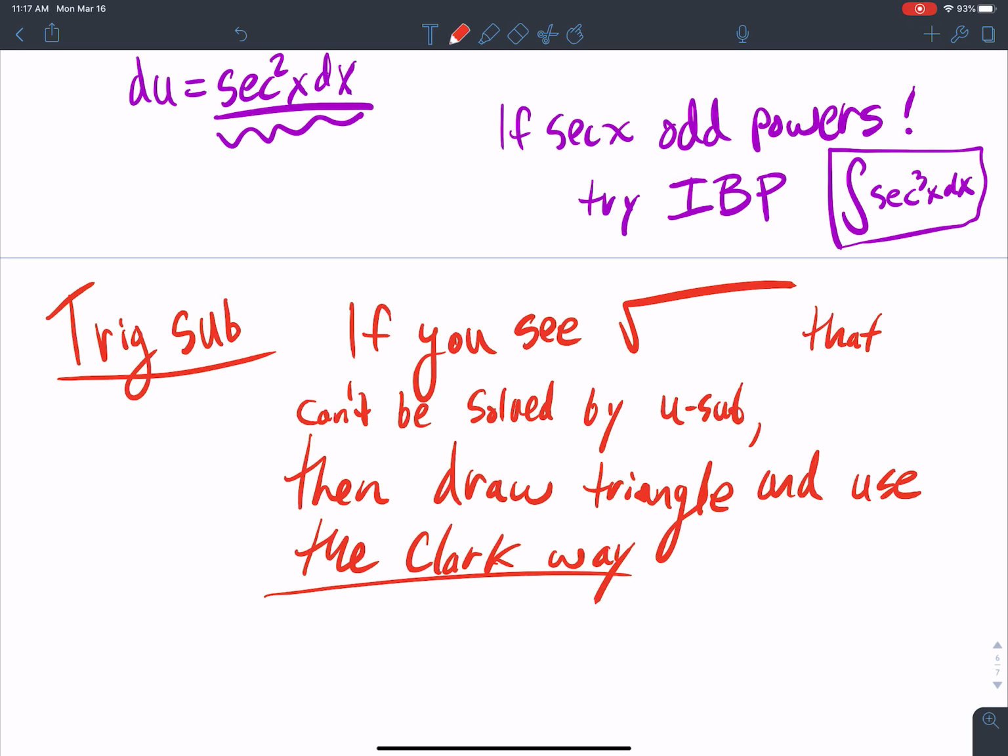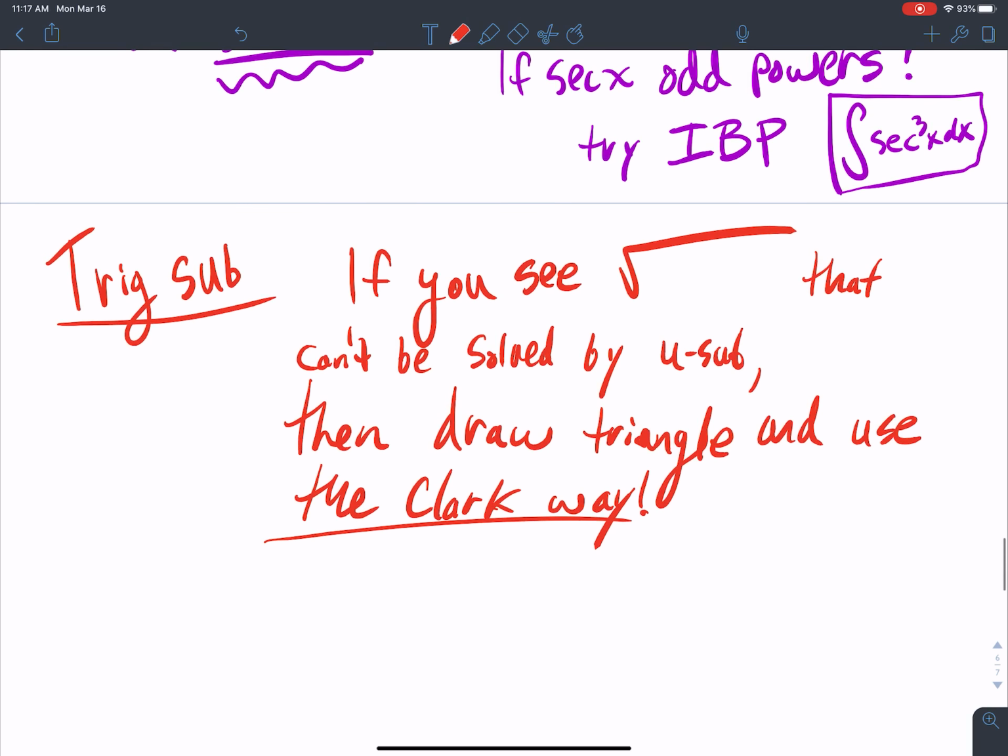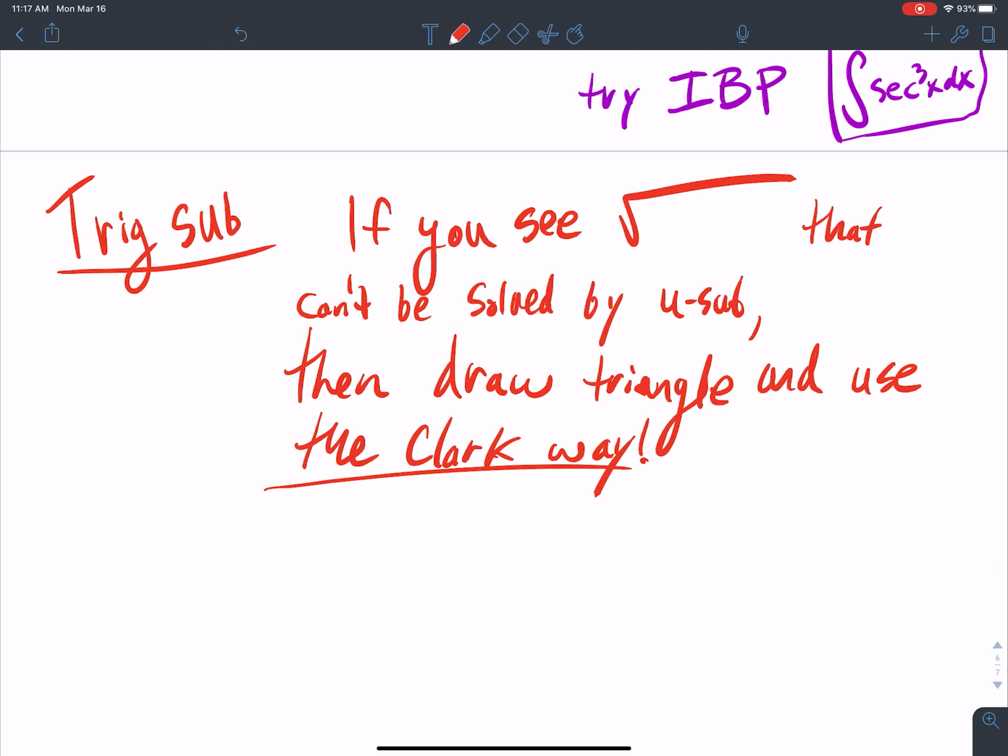Pad and pen, right? So if you see a square root in your integrand, you should automatically think trig substitution. Okay, so if I have a right triangle ABC, what do I know?